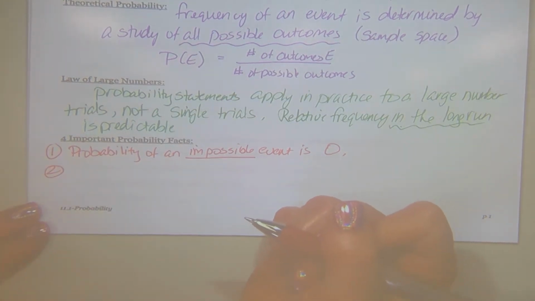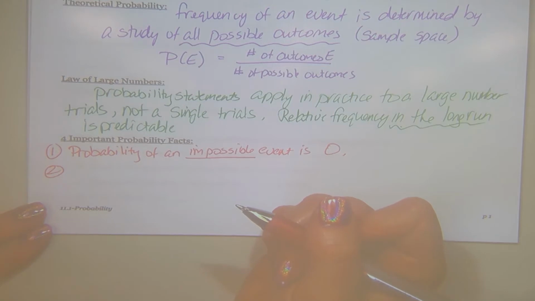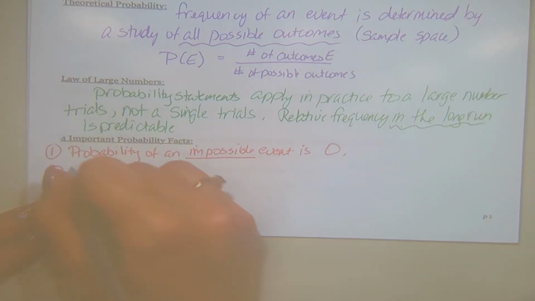On the other hand, the probability of an event that has to happen, that's a sure thing, is 1.